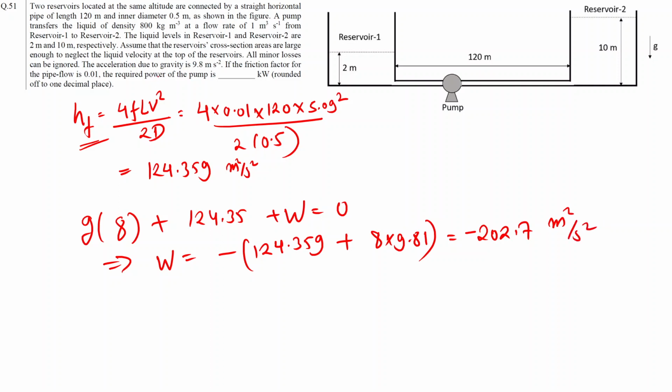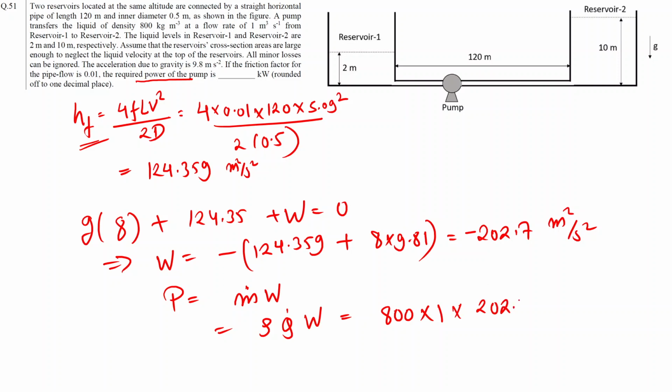Now in the question we have been asked to find the required power of the pump. So power we can write as mass flow rate into the work done. Mass flow rate we can simply get by multiplying the volumetric flow rate by density, that is rho into Q dot, times W. So density we have been given as 800 kg per meter cube, and the volumetric flow rate is 1 meter cube per second, and then the work we found out is 202.7.